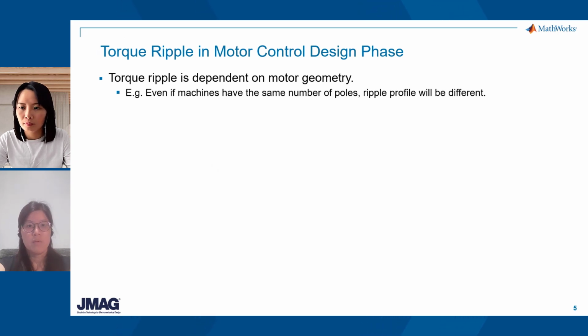So now we have reviewed why torque ripple is a problem and what the source of the torque ripple is. Then the next question would be, how can we consider the torque ripple in the motor control design phase? As we already discussed, torque ripple is dependent on motor geometry. It means even if machines have the same number of poles, the ripple profile will be different.